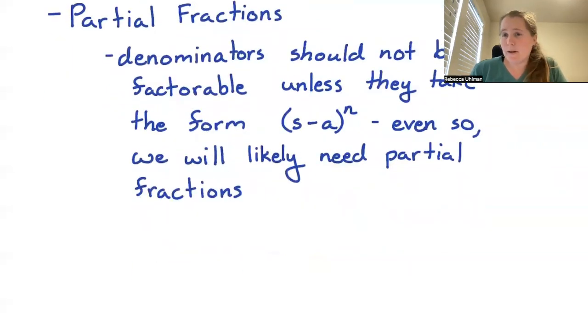When we do partial fractions, we'll split them up into all of the individual possible types of denominators, and pretty much all the denominators should be recognizable in one of the forms.